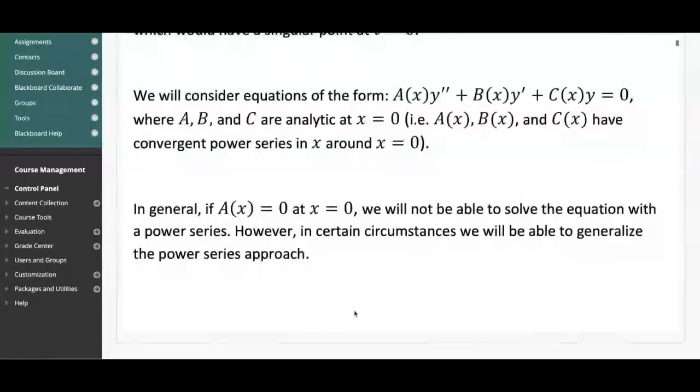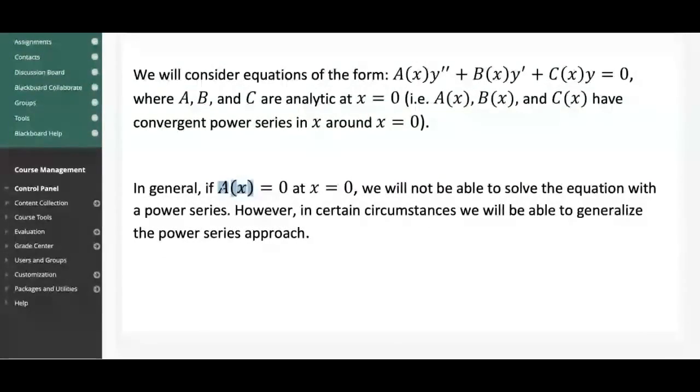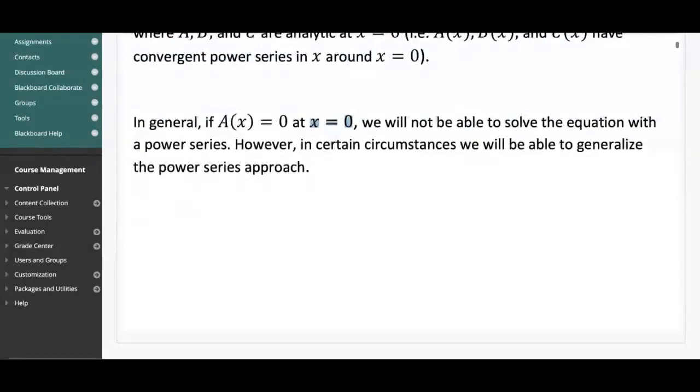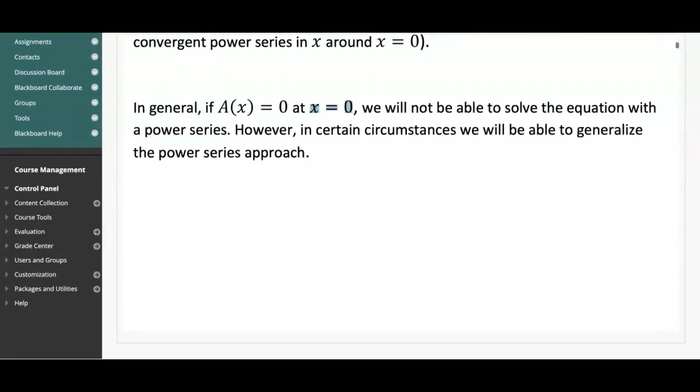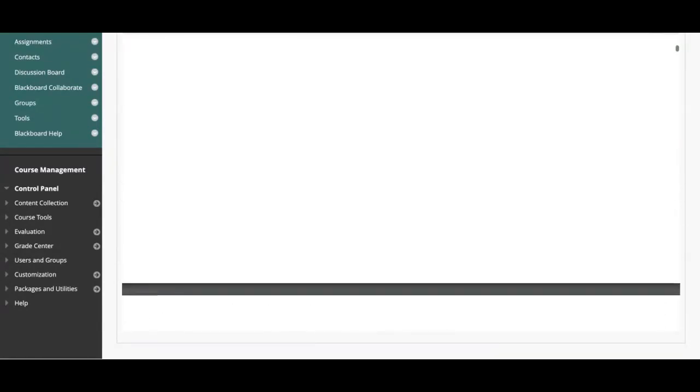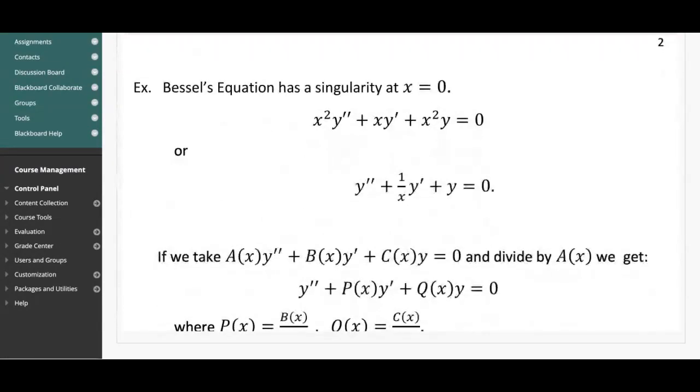So in general, if A of x equals 0 at x equals 0, we will not be able to solve the equation with a power series. However, in certain cases, we will be able to generalize the power series approach. Okay, if at any moment anyone has any question, feel free to stop me.